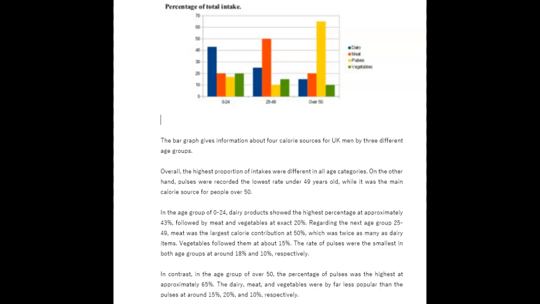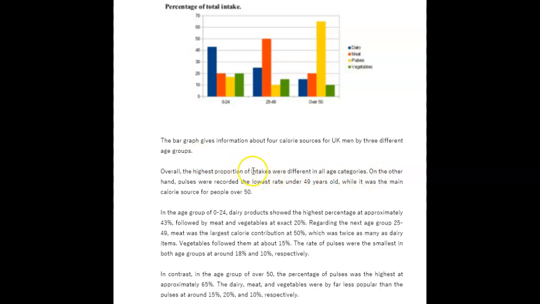All right, so the first thing I'm seeing here is some awkwardness in grammar. There were cleaner, more accurate ways of saying these exact ideas. I think the information that you decided to pick out was fine, but let's talk about how you could have written this overview in a clearer way. So you wrote that the highest proportion of intakes were different in all age categories.